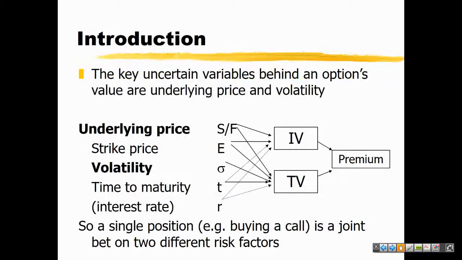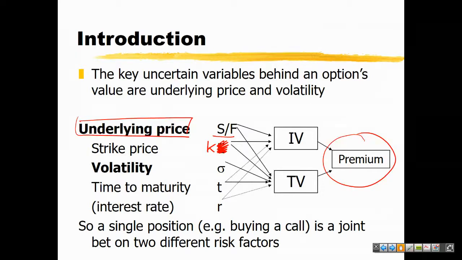Now, let me first make an introduction. As an introduction, we have seen that the premium of an option depends on many factors. So the price of the underlying, which can be a spot or a forward price depending on the type of option, the strike price, sorry, here I've used AE as exercise price, but the typical notation is K, as we did also previously.